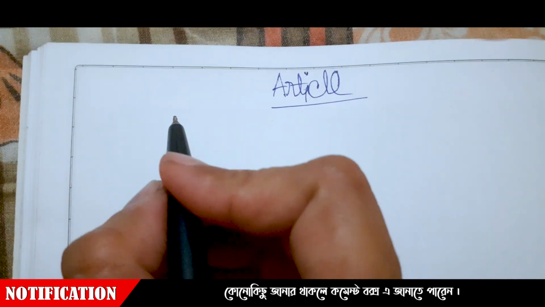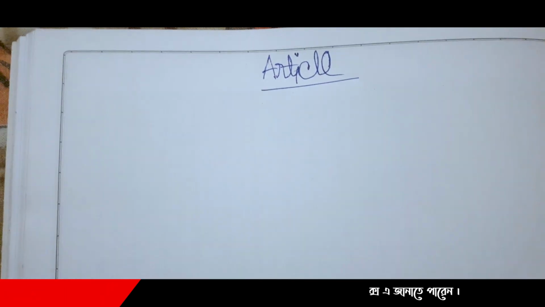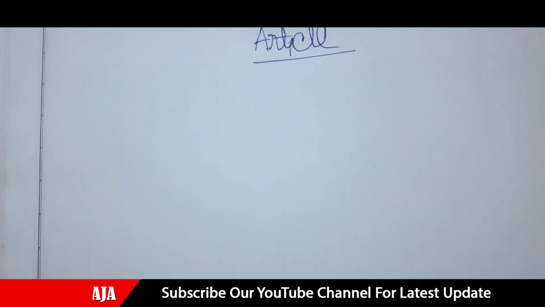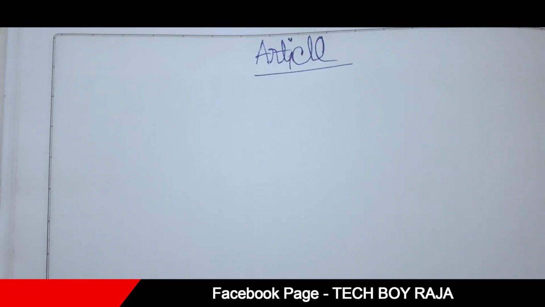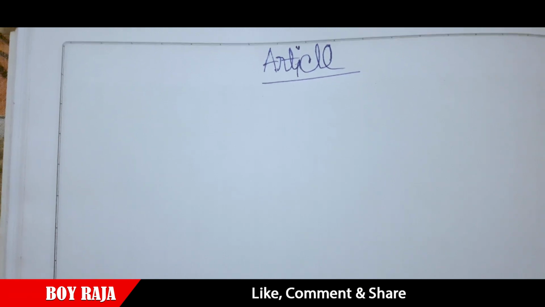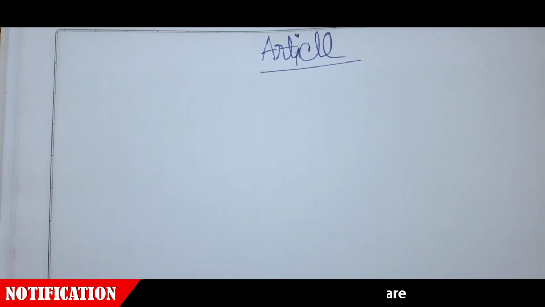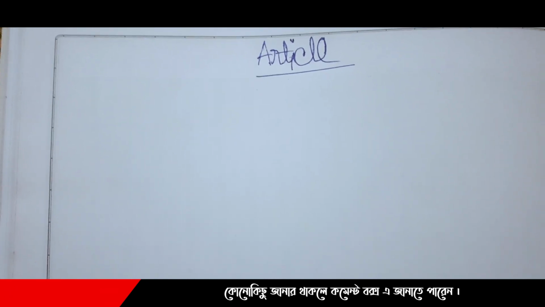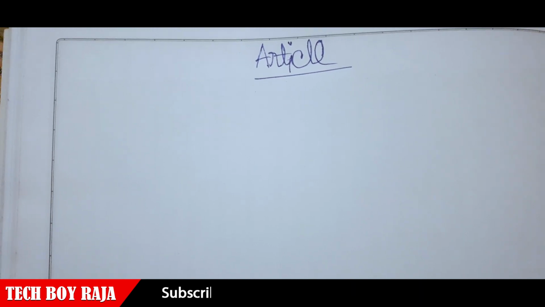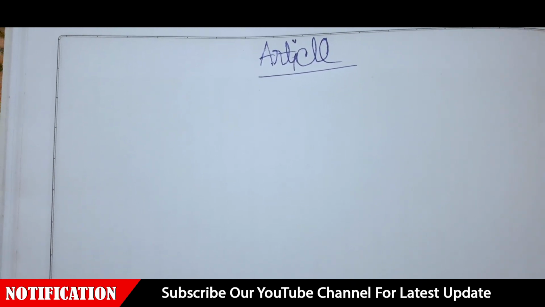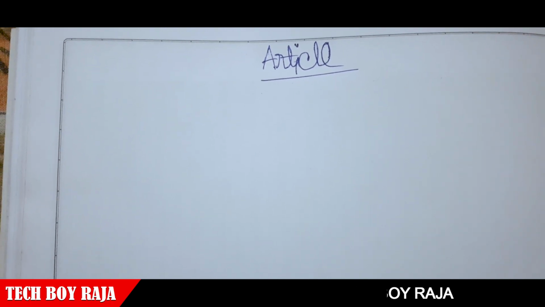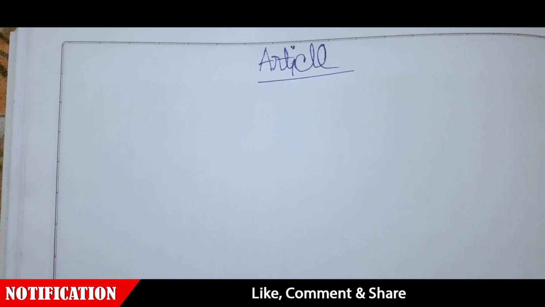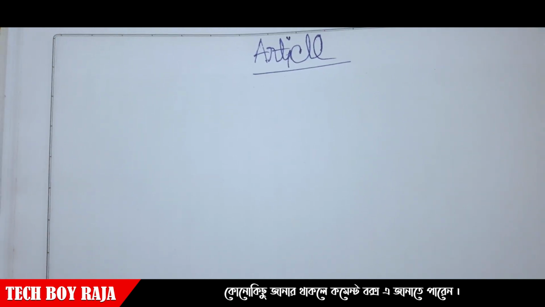See here, what is an article? I think most of you have already completed the article portion in 5th standard many times. Now it's known to you which items are called articles, but actually articles are divided into two types, which most of you also know.